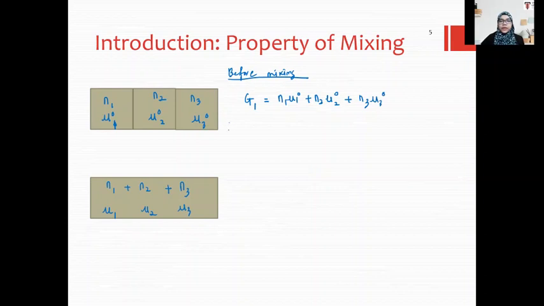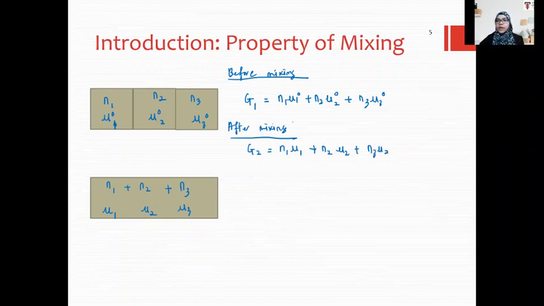And then after the mixing, this is after the mixing. So we have, maybe I put as G2, N1 mu1 plus N2 mu2, and we have N3 mu3.